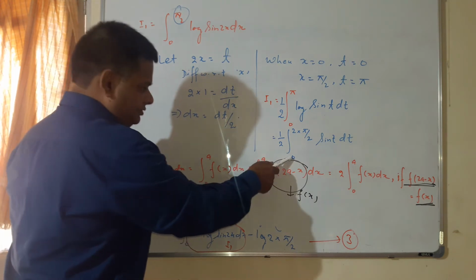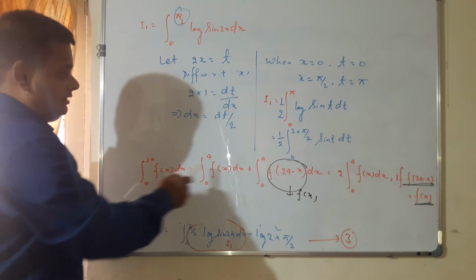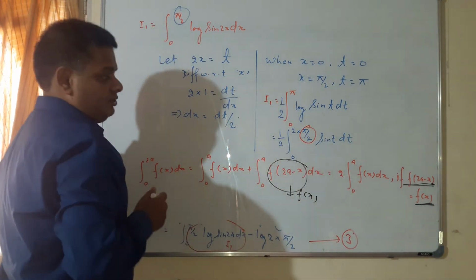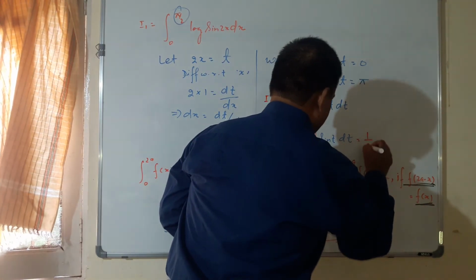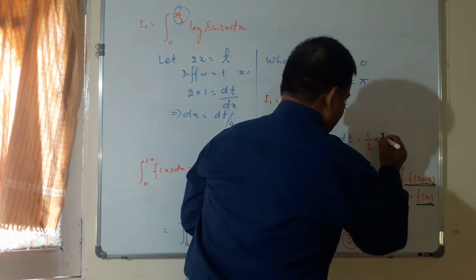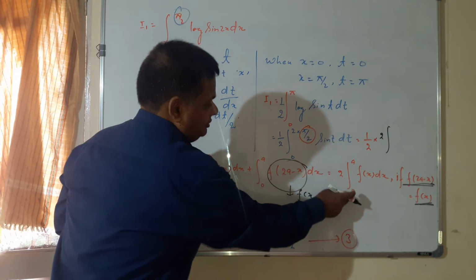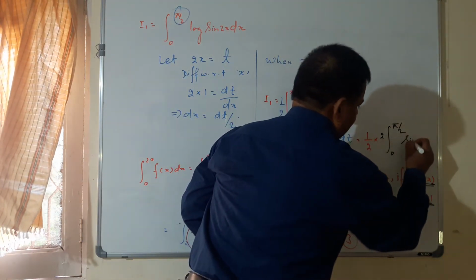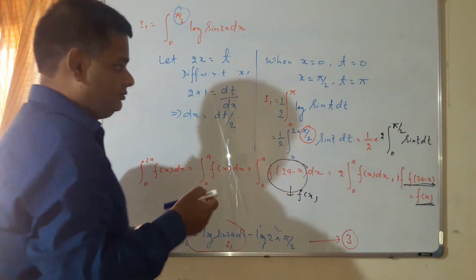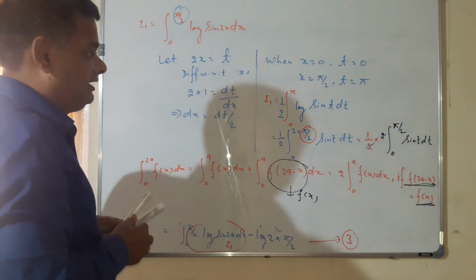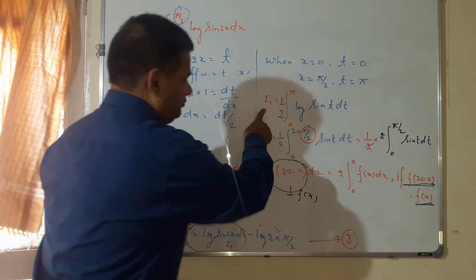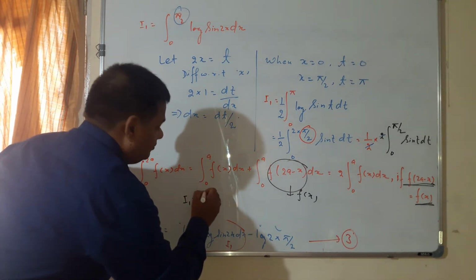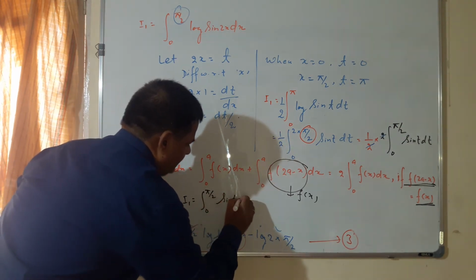Similarly here, 0 to 2a, where a is pi by 2, we can write 1 by 2 times 2 times integral 0 to pi by 2 of log sin t dt. So the 2 and 2 cancel, and you will get I1 is equal to integral 0 to pi by 2 of log sin t dt.